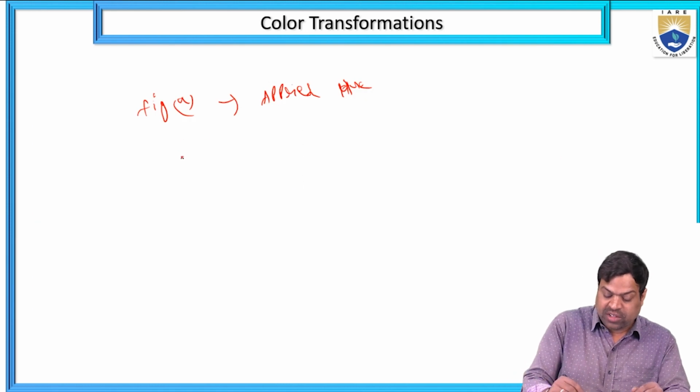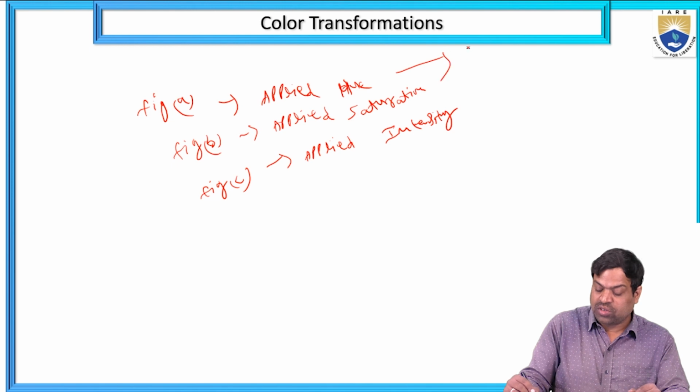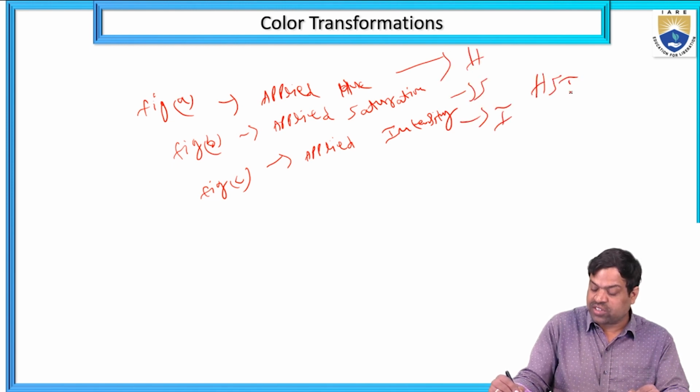In figure A I applied hue, in figure B I applied saturation, and in figure C I applied intensity. So hue, saturation and intensity, HSI.